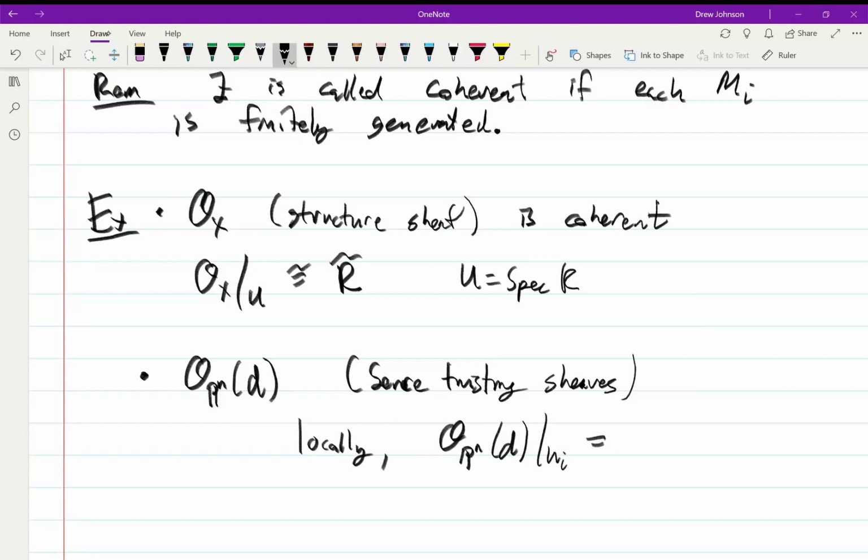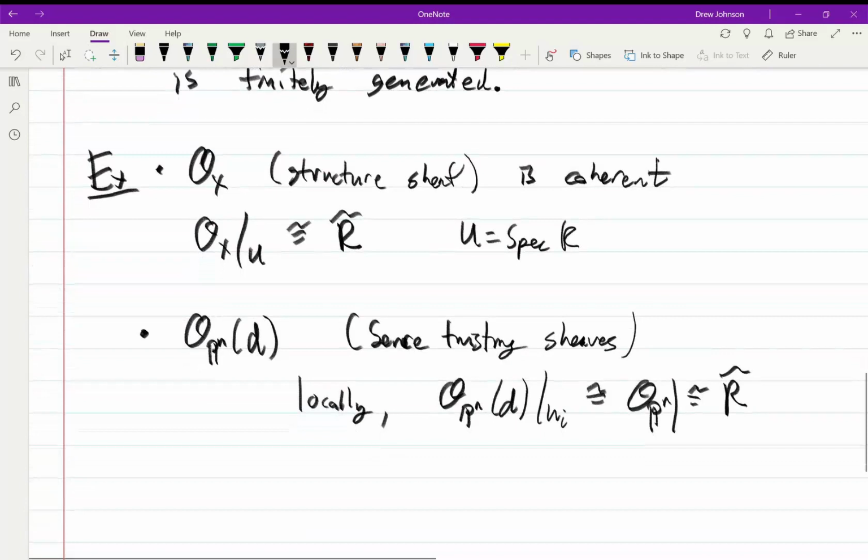That there was an open cover U_i, so these restricted to U_i were isomorphic to just the structure sheaf, right? So these are locally isomorphic just to the structure sheaf. So they are also coherent or quasi-coherent, but they're not globally isomorphic to the structure sheaf. So these are some non-trivial examples of quasi-coherent sheaves.